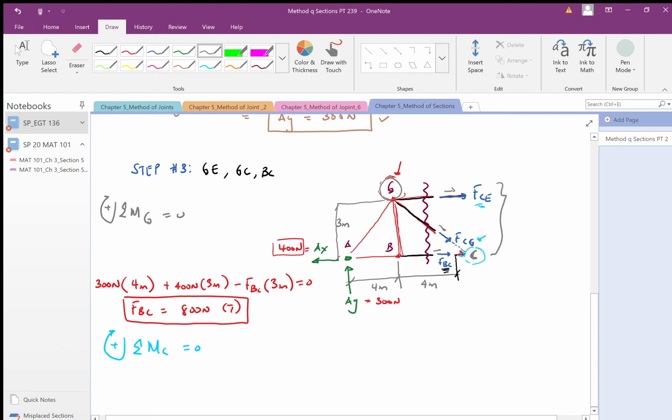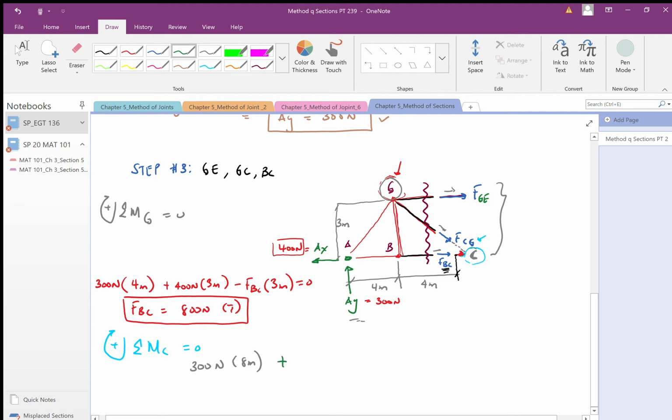So moment about point C, now I have my AY, which is 300 newtons times 8 meters, right? And my FGE, this is my FGE, is 3 meters away from point C, right?